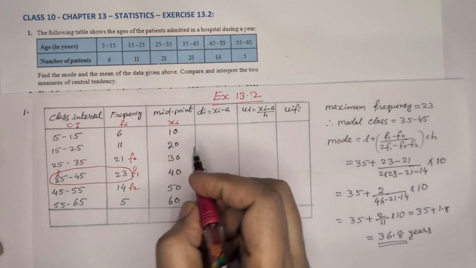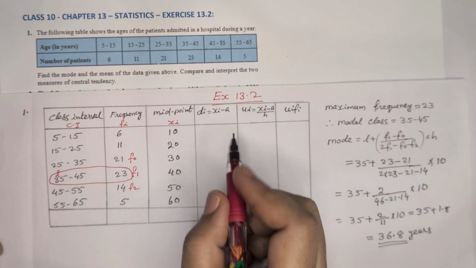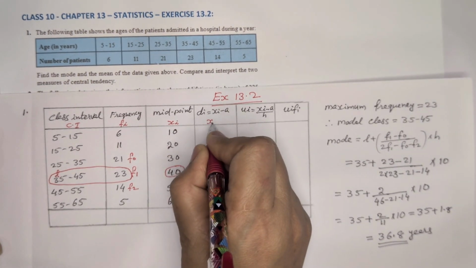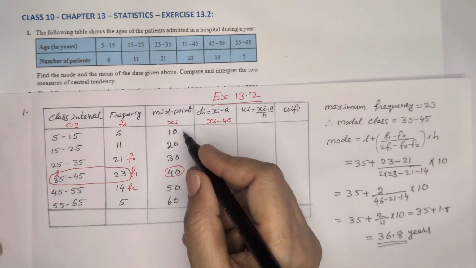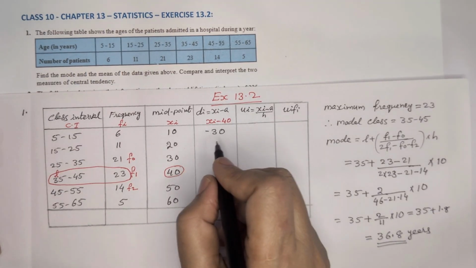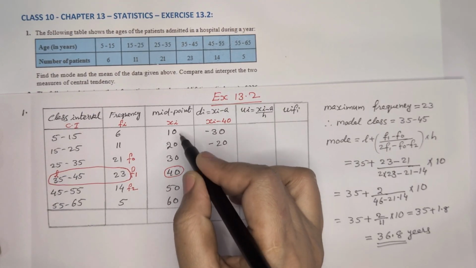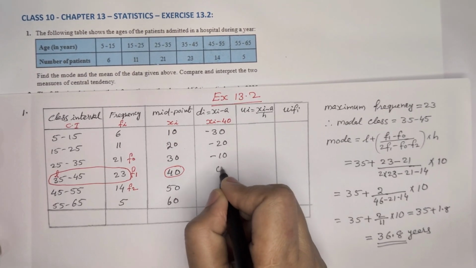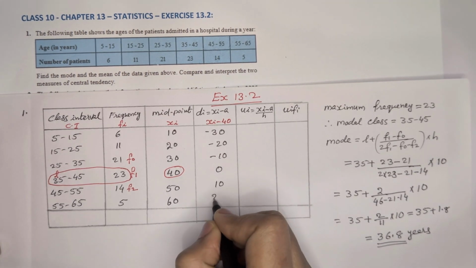The middle ones, 30 and 40, any one of those we can take as A, so xi minus 40. We get 10 minus 40, minus 30, 20 minus 40, minus 20, 30 minus 40, minus 10, here 0, then 50 minus 40, 10, 60 minus 40, 20.